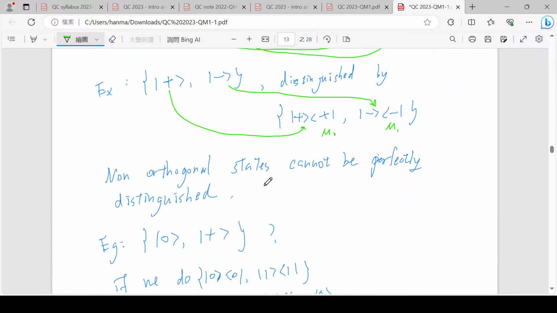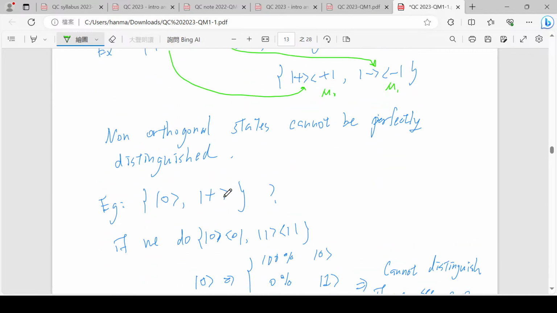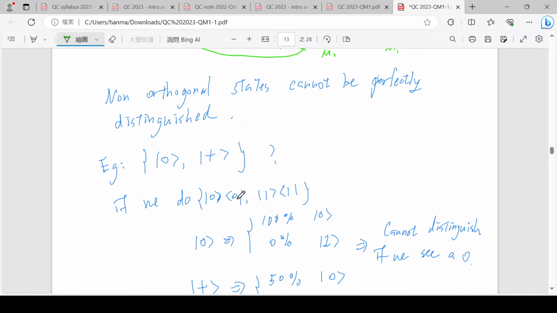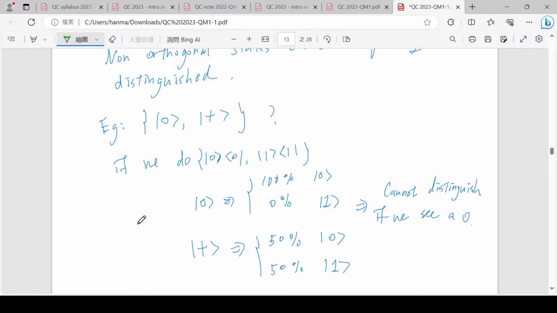But now we see not perfectly distinguishable. Non-orthogonal states cannot be perfectly distinguished. For example, this 0 state and this plus state cannot be perfectly distinguished.